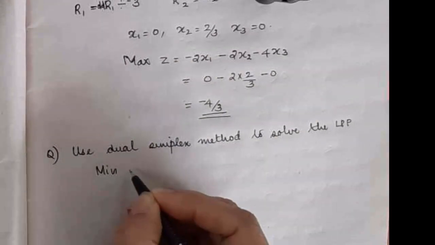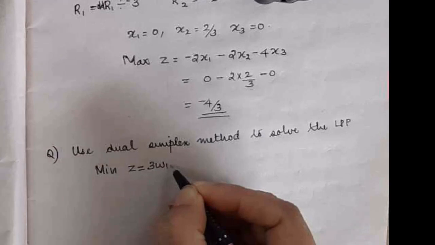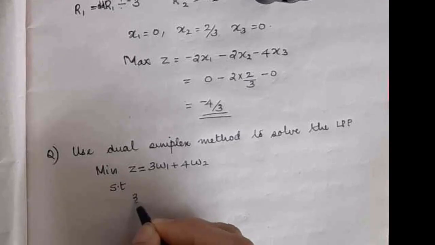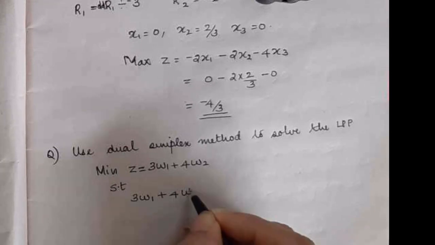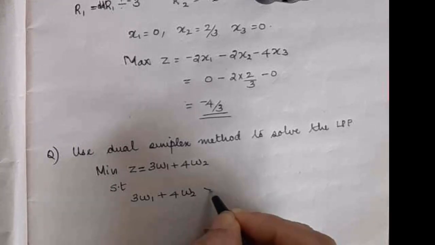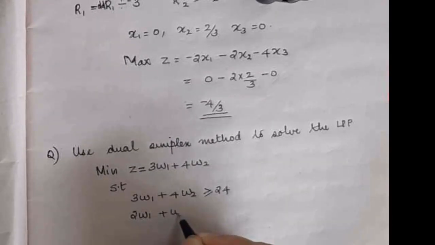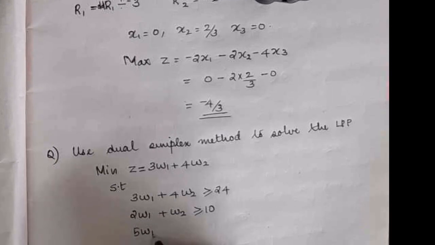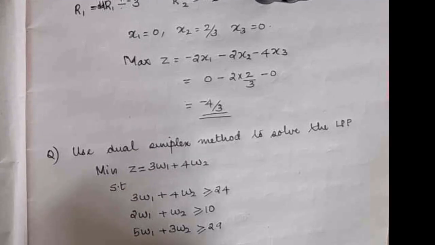So minimum Z is equal to 3W1 plus 4W2 subject to 3W1 plus 4W2 greater than or equal to 24, 2W1 plus W2 greater than or equal to 10, 5W1 plus 3W2 greater than or equal to 29, W1 comma W2 greater than or equal to 0.